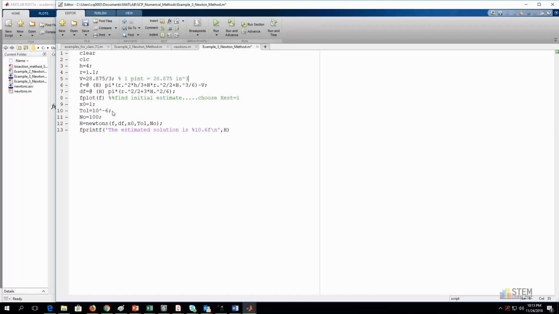I just set it to 10 to the negative 6. Seemed like a good number. And then here's our max number of iterations. And then we call the Newton's function, which has not changed from the last example. And then finally update the h so that we have h here, because h is what's being returned from that function. So let's go ahead and run this.